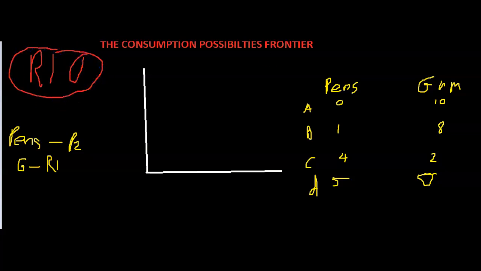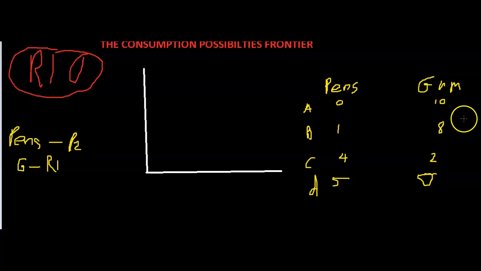Now I want you to take a look at each of these combinations over here, right? What do you notice? At each combination, it fulfills the budget. For example, if you buy 0 pens and 10 gums, how much will the total price be? Well, you know that gums is 1 Rand each. So if you buy 10 gums and 0 pens, it'll be 10 Rand.